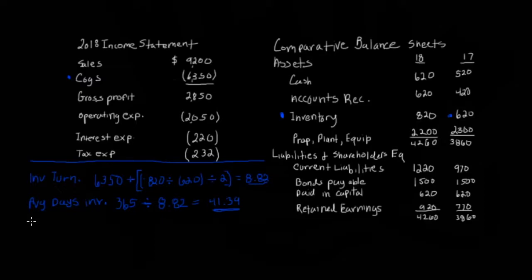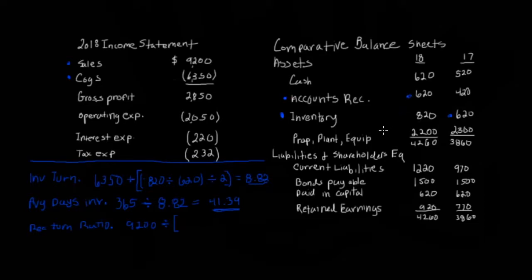Next, we're going to do the accounts receivable turnover, the receivables turnover, REC. I'm going to abbreviate this time again. Receivables turnover ratio. Okay. First, you're going to take your sales. It's kind of like the first one. 9,200. Use your division. And you go over to the accounts receivable.